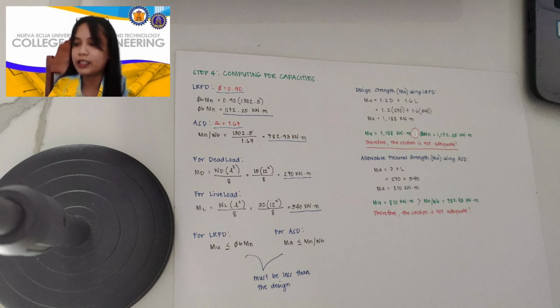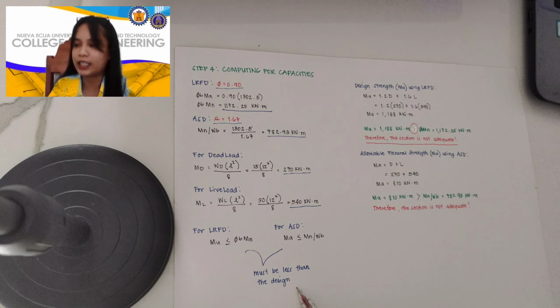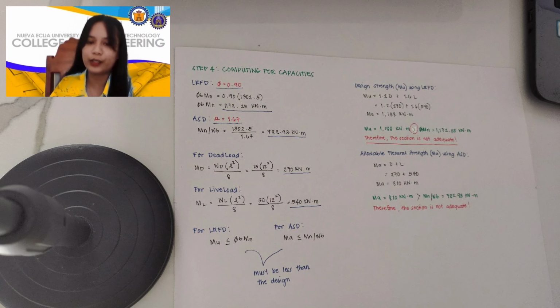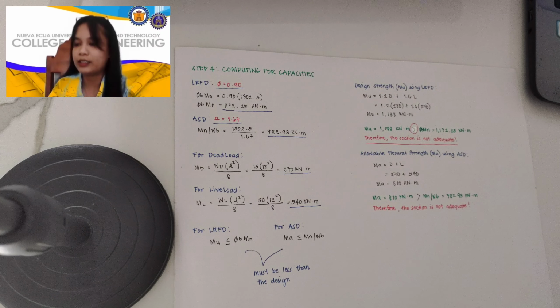As said earlier, the design strength must be less than or equal to our capacity. If it is less, the steel section is adequate. But because our design strength is greater than the capacity, the section is not adequate.